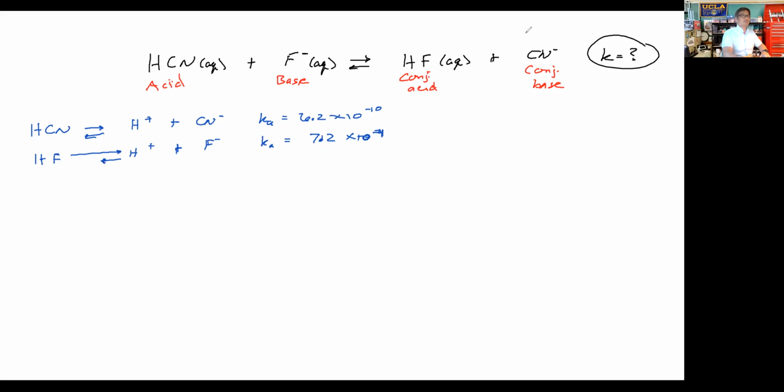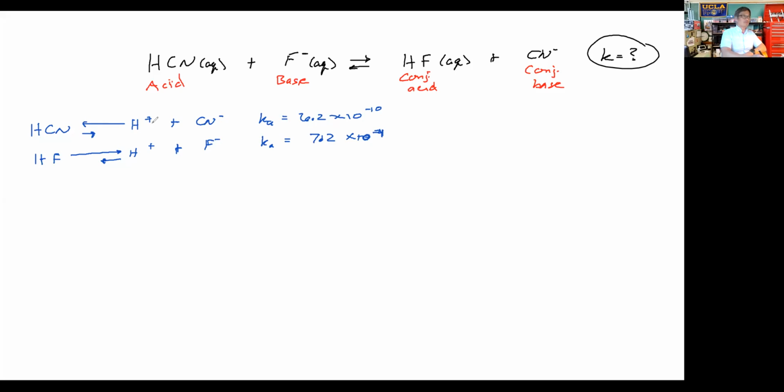Whereas with hydrocyanic acid, its Ka is very small, so we can essentially see the reverse, where the equilibrium favors the reactant side, the undissociated acid. So between these two, hydrocyanic acid, HCN, is the weaker of the two acids.